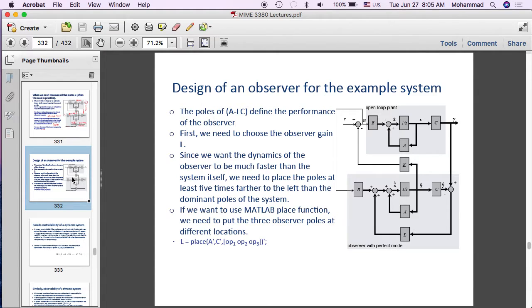Full state feedback means you need to feed back every member of the x vector, and when you implement it, that means you need one sensor for each of the state variables to measure them and feed them back. And in reality, it may not be affordable.